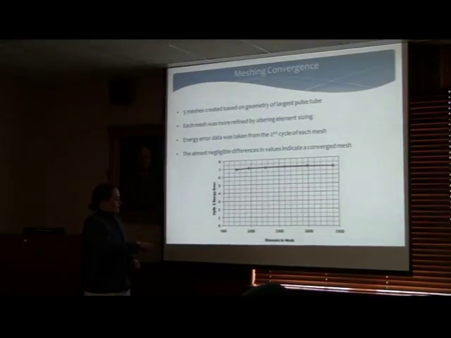So if I were to show you a graph with even fewer elements, it would trend upward like that. And this is just showing you that the mesh that we used at 2,400 elements was converged. So it just validates the model that we used. And we did it based off cycle 2 energy error.